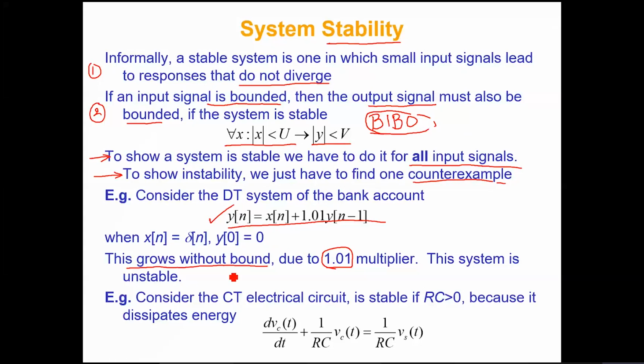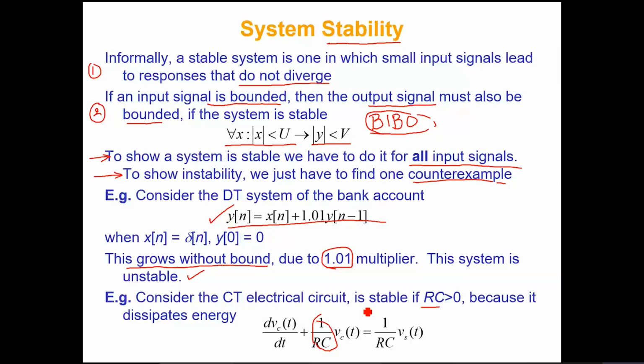And this tends to make the system unstable, because with time it will tend to diverge and go towards infinity. Now, in electrical circuits also, the time constant part is important. This RC part is important. And if we just see the combination, we will be able to judge whether we have a stable system or not.